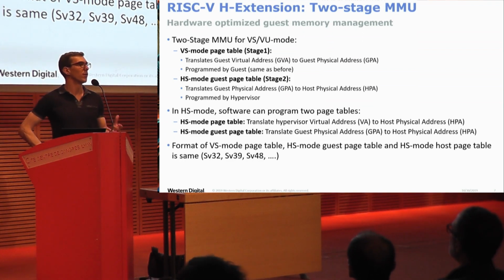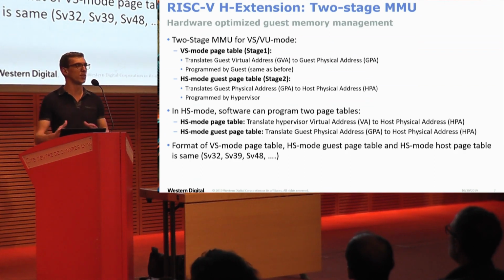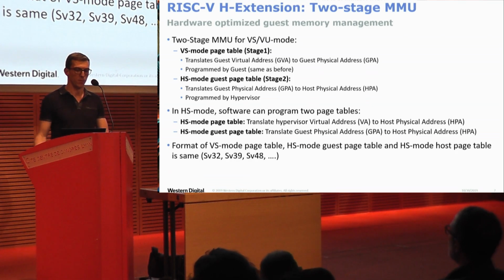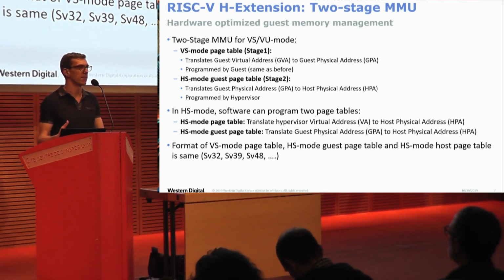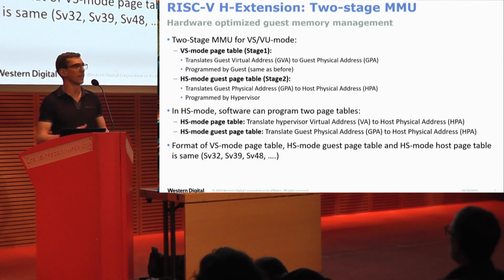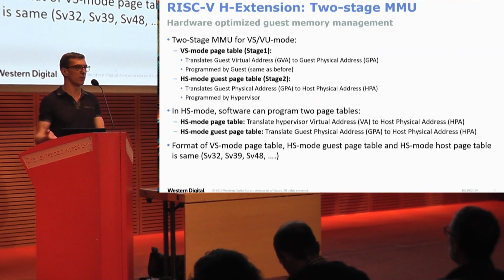So the hypervisor spec also adds two-stage MMU. The two stages kind of follow the same as the normal RISC-V stages. I won't go into details about that. But when you're virtualized, the two stages always run. The first stage is for the guest. So Linux programs that as it always would, and it does your guest virtual address to your guest physical address.